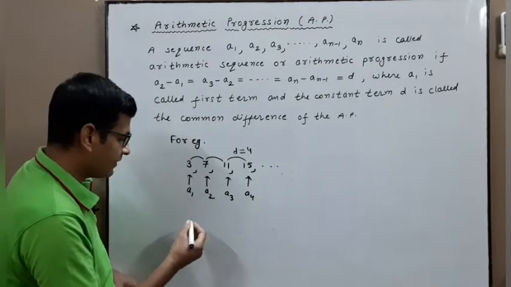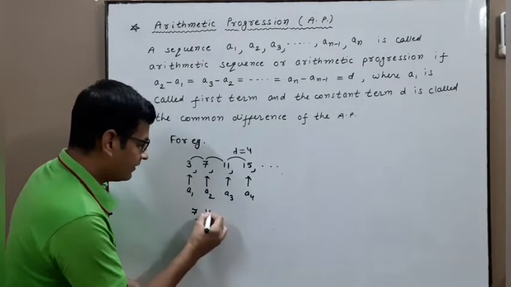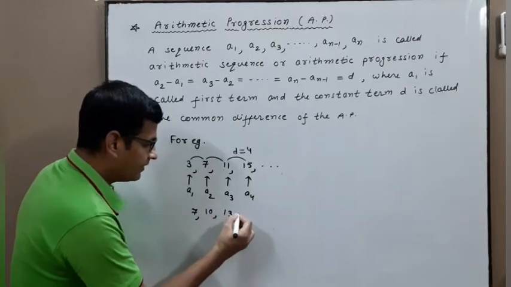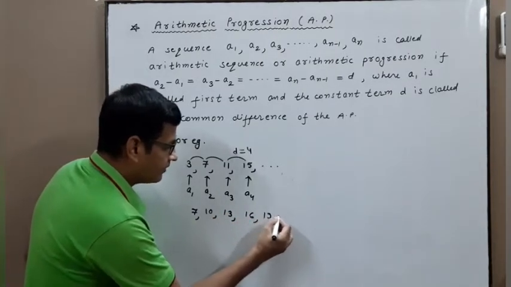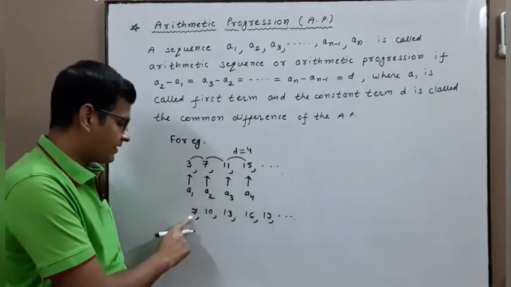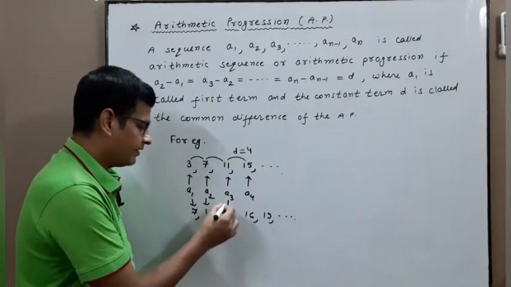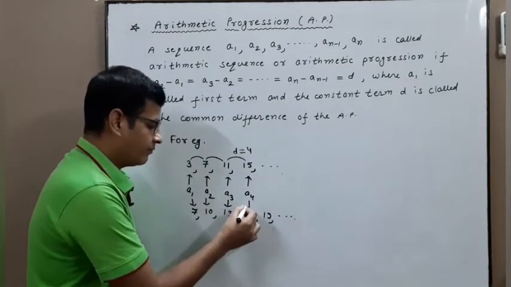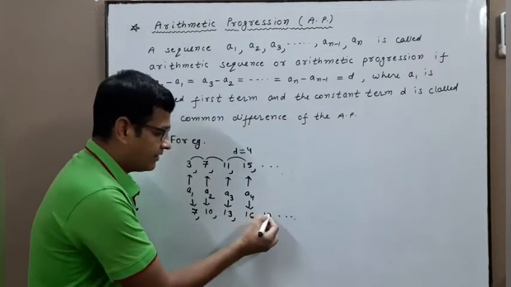Now we take more examples. 7, 10, 13, 16, 19, ... Again, tell me first term 7, second term 10, third term 13, fourth term 16, fifth term 19.